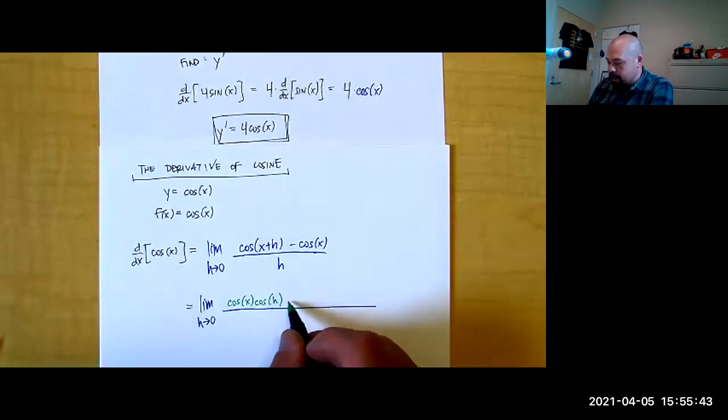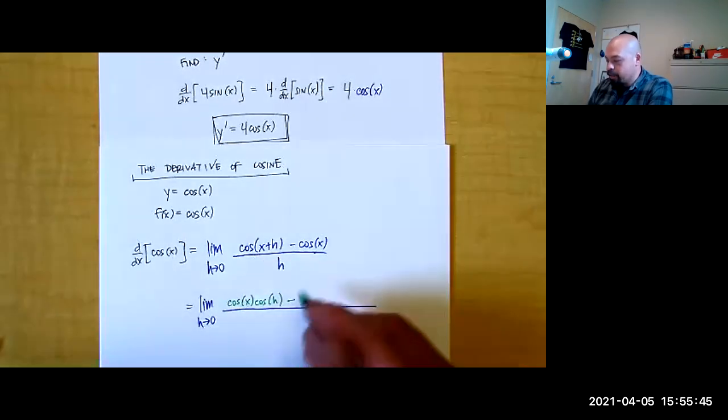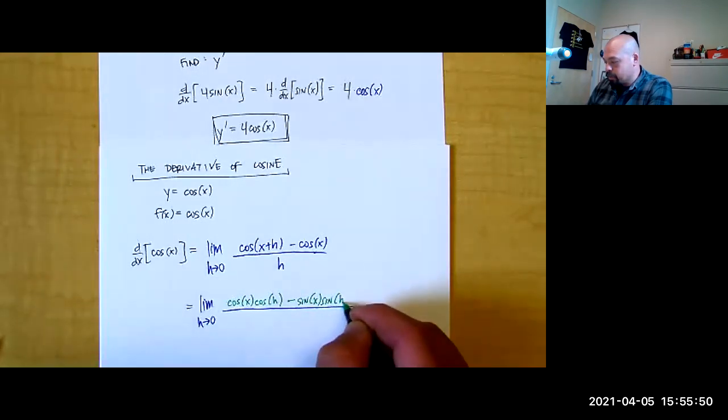But in this case, it does the opposite sign. Since that's an addition, we subtract: sine x, sine h.